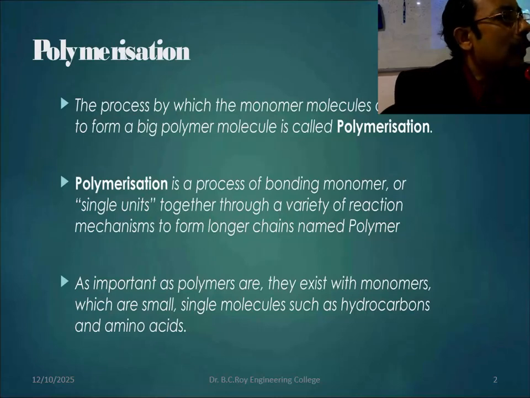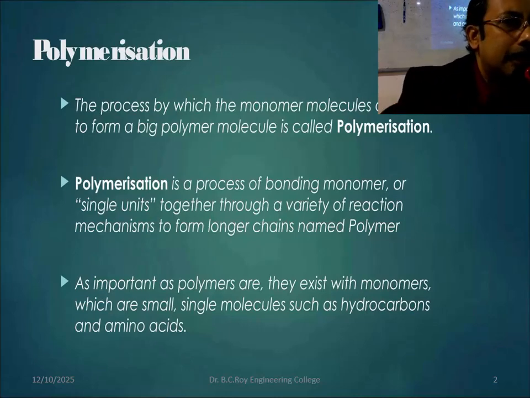Like you have polythene as an example. In low density polythene, you have a small number of monomer units joined, that means the degree of polymerization is low. It is called LDP. If a large number is joined together, we get high density polyethylene.